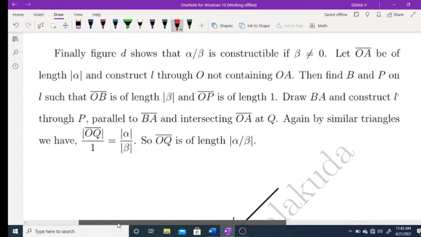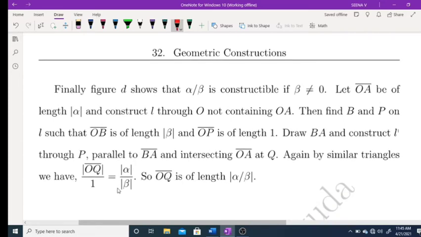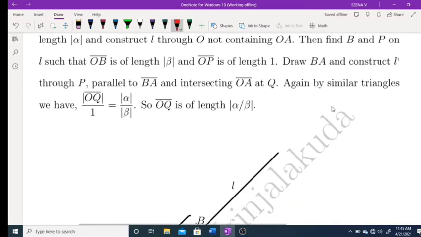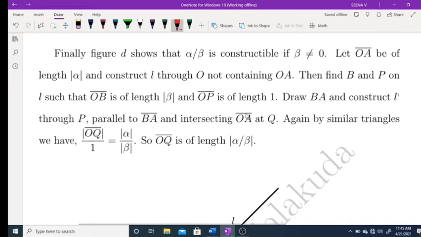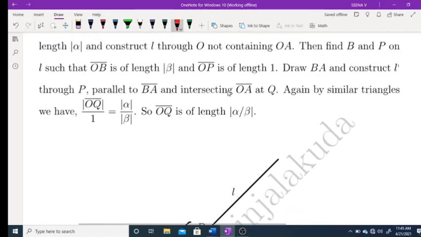Now moving to next: alpha by beta, if beta not equal to 0. Same as in the previous case, let OA be of length mod alpha and construct a line L through O not containing OA. Then find B and P on L such that OB is of length beta and OP is of length 1.